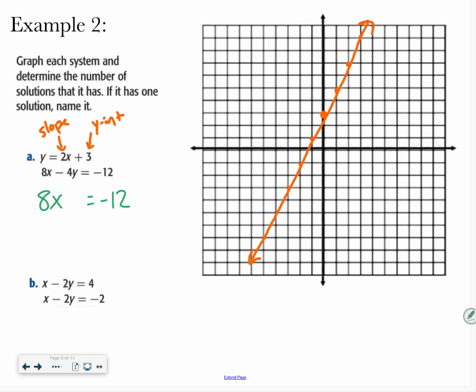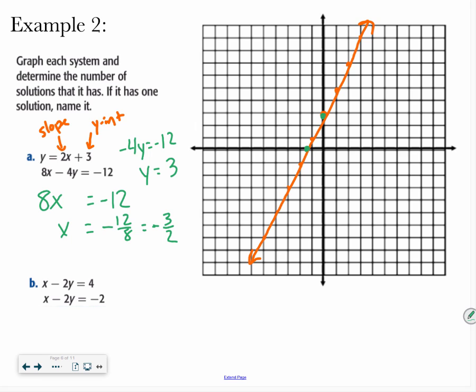So if I make y 0, we have 8x equals negative 12, or x equals negative 12 eighths. 2 goes into both of those, and so does 4. So if I take a 4 out, I have 3 halves. So x crosses at negative 3 halves. And then if I have my y, I can do negative 4y equals negative 12, or y equals 3.